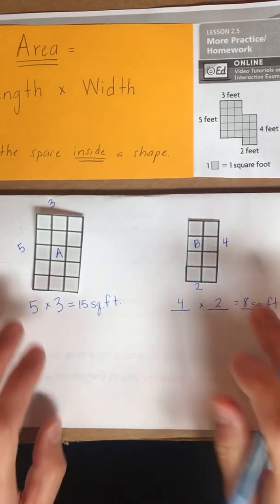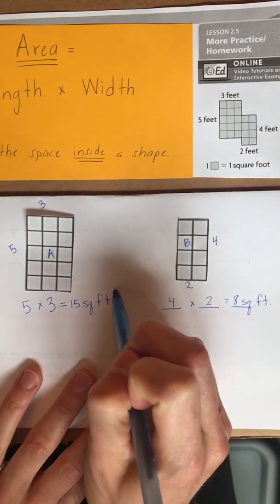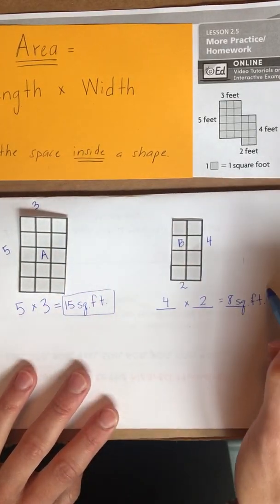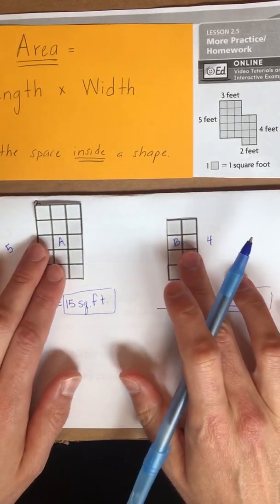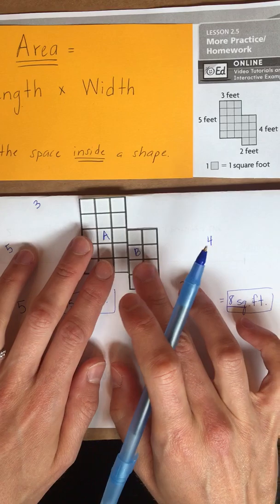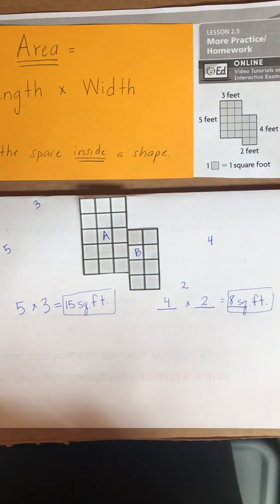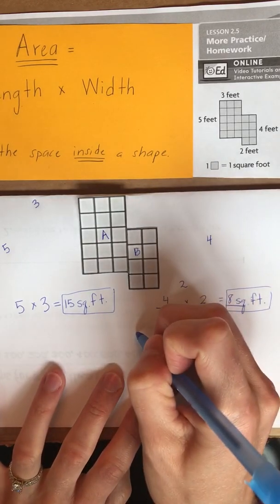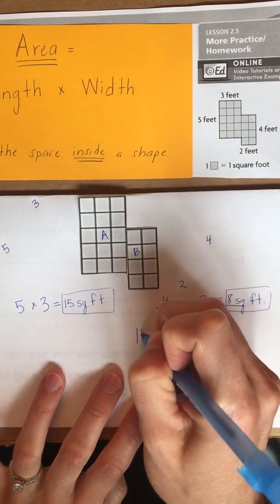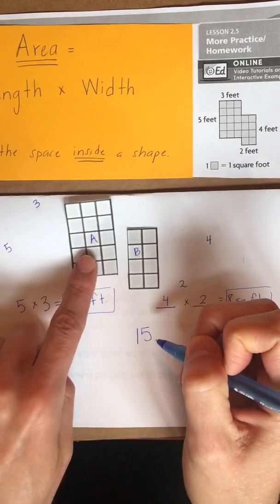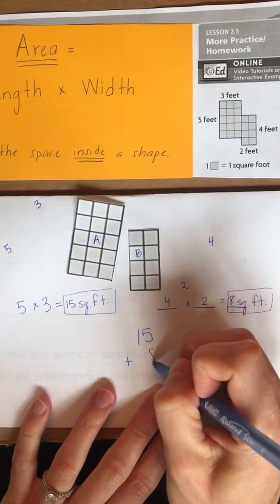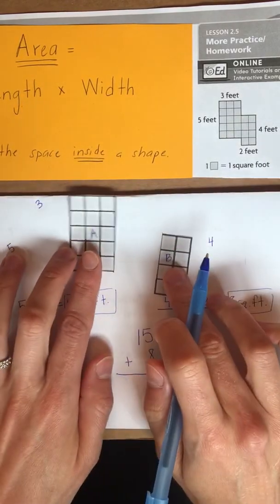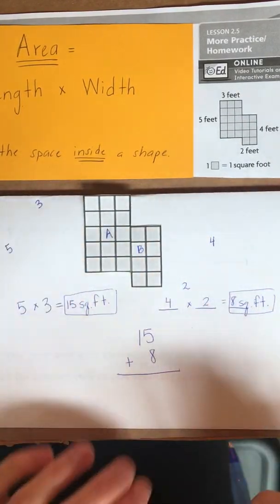Now remember, I found the area of part of my shape, and I found the area of the other part of my shape. If I have two parts, how do I find the whole? What do I do with my two parts? Very good, you add, just as if we were working with a part whole. So 15, because that's my area of A, plus 8, because that's my area of B. We're going to add the two parts together to get the whole.